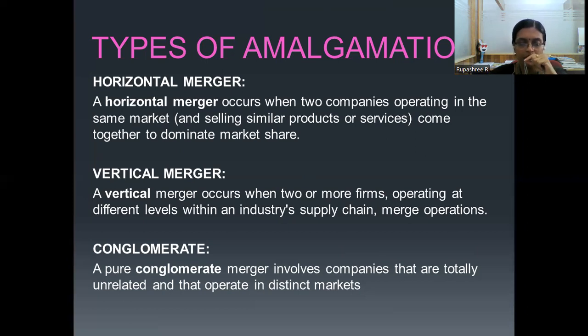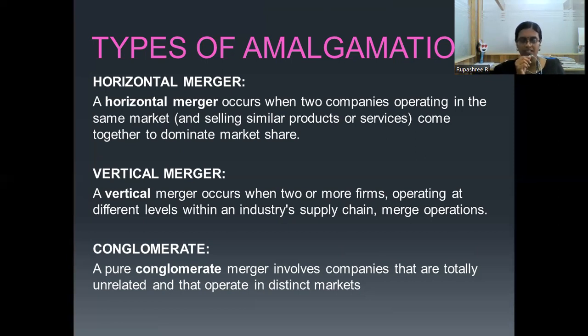Now the next type of merger that we have is a conglomerate merger. A conglomerate merger is very rarely found because in case of conglomerate mergers, the two companies that combine in order to become a single entity do not relate to each other at all. That means they don't have any connection with each other or they are into entirely different natures of business.